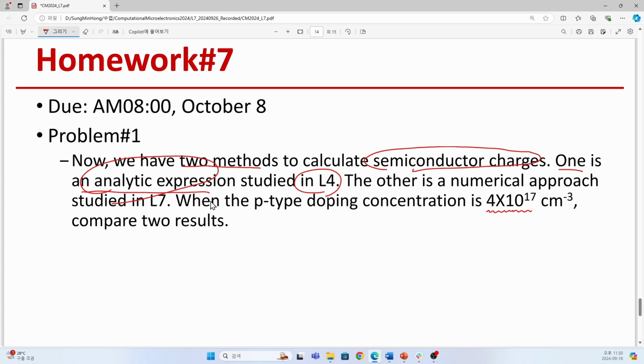If you do it properly, then you will get wonderful agreement between these two cases. In this specific example with uniform doping concentration, an analytic solution is available, and your numerical solution should perfectly match it.